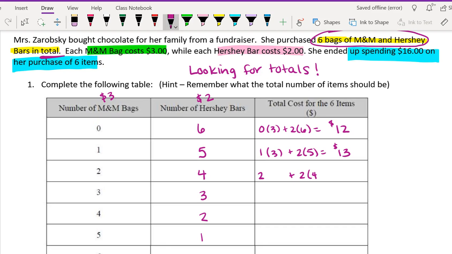Oh no, that was right. Sorry. 2 times 3 plus 2 times 4 is $14. Then 3 times 3 plus 2 times 3, we're at $15.